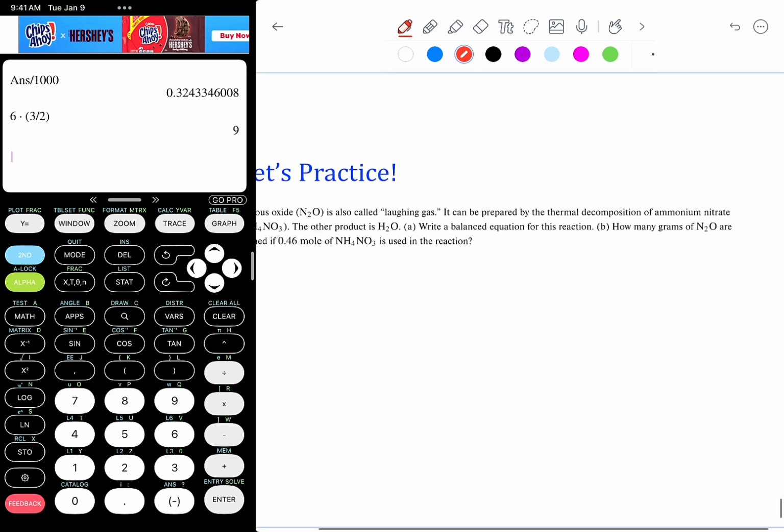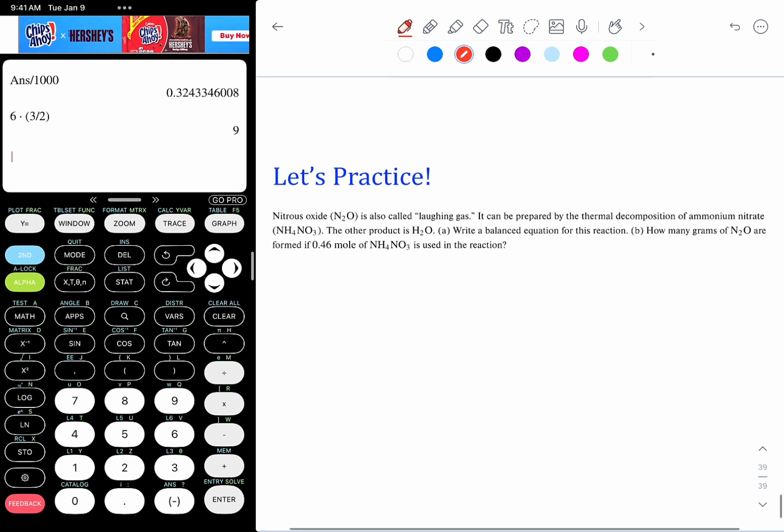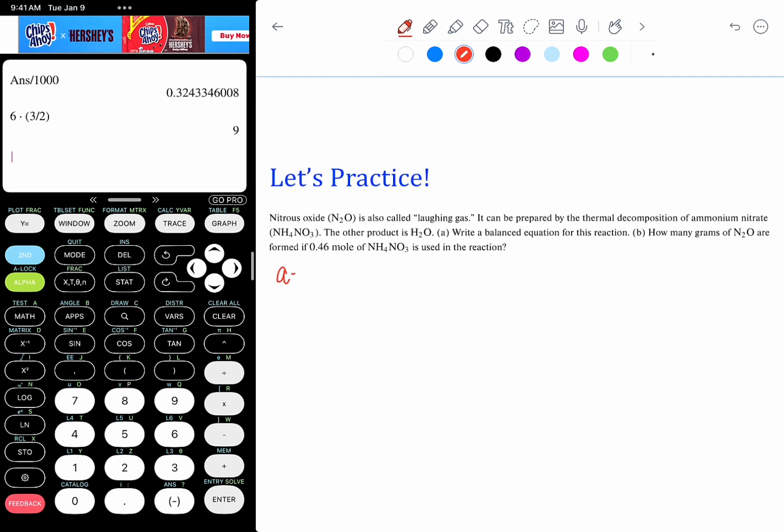So, A, we want to write our balanced equation. Well, it's given to us that we start with NH4NO3, ammonium nitrate. We've done a similar problem with ammonium nitrite previously. And we say that it decomposes into N2O, nitrous oxide, laughing gas, and H2O.